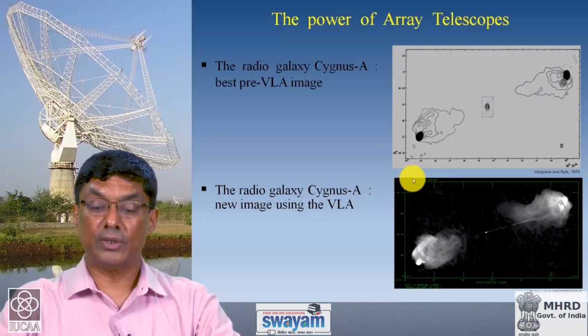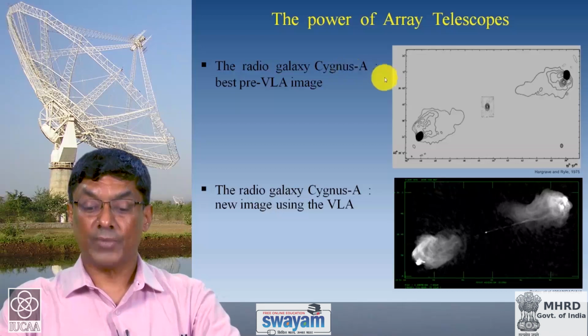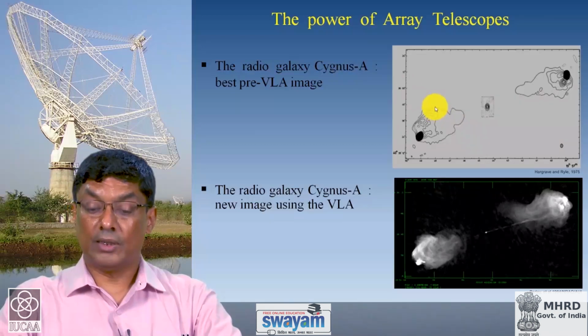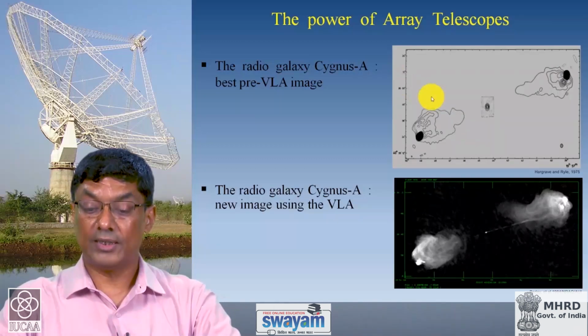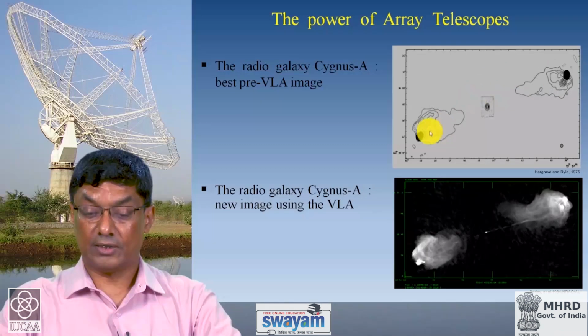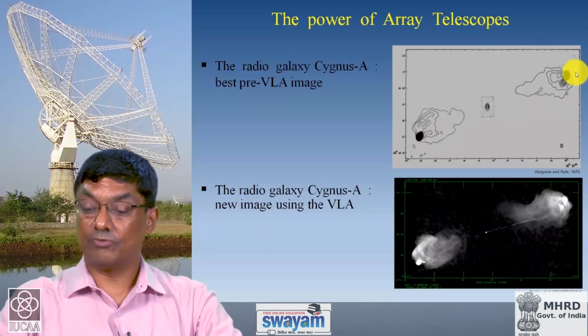So, this is an example of a radio image of a particular object called the Cygnus A, which is a radio galaxy made with the best image made before the VLA instrument, which I showed a short while ago, was built. And you can see that there is an object here with the radiation from the center and radiation from these two lobes of the radio galaxy.